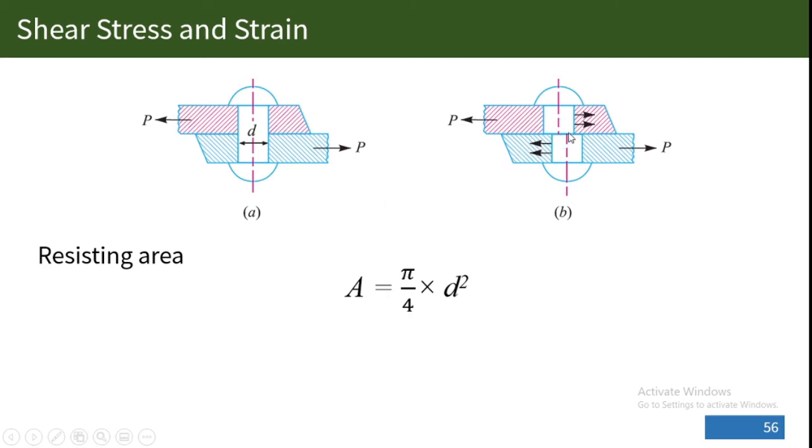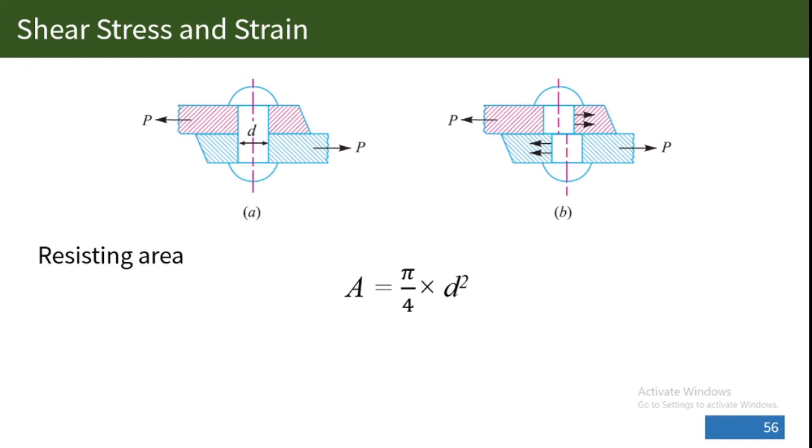Because these rivets have a circular cross section, therefore we have the equation of the resisting area equal to pi over 4 times d squared. Okay. I know you have encountered this particular arrangement in your first year and second year courses.